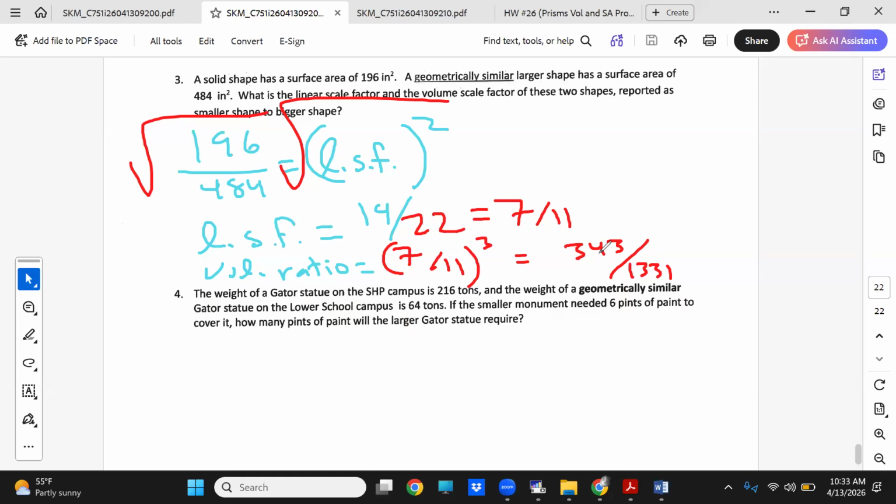Don't overthink number 4. It's up to you. It's your call. Ratio, area, surface area.